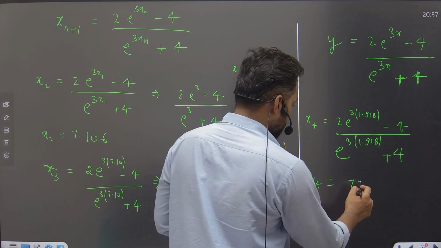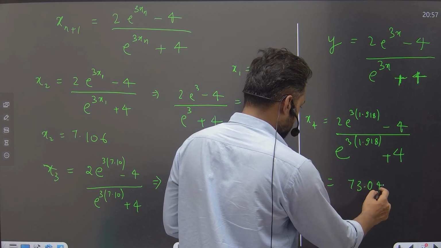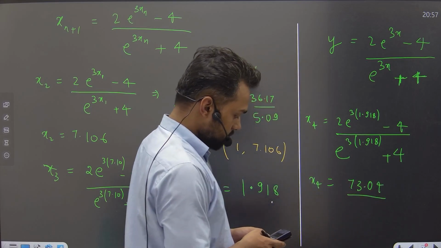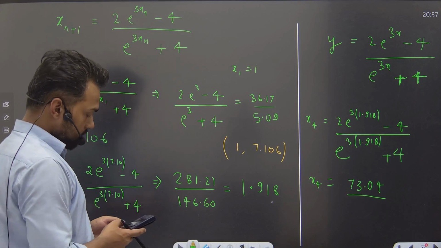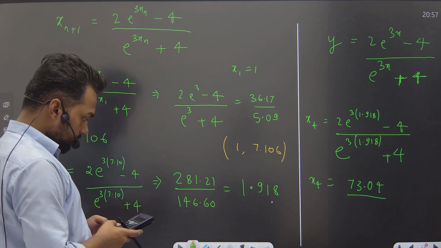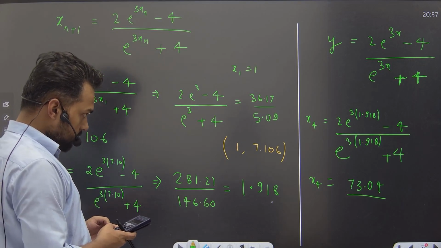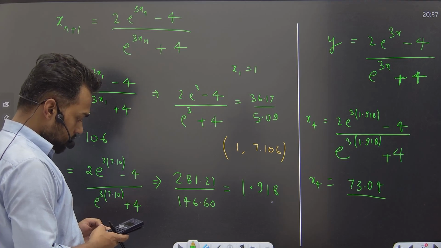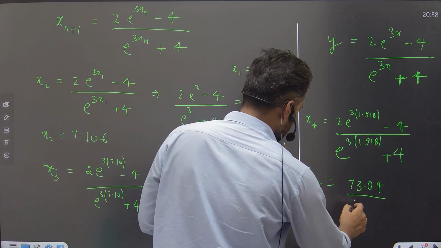We are getting 73.04 on the numerator, upon e^(3 times 1.918) plus 4, which is 42.52.